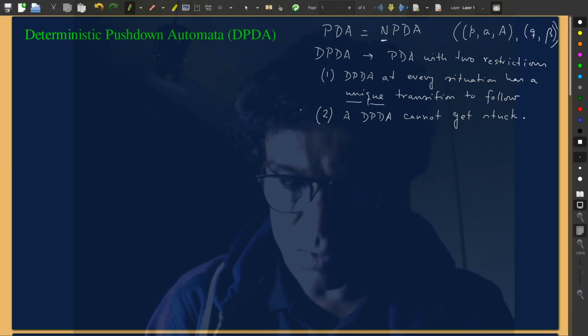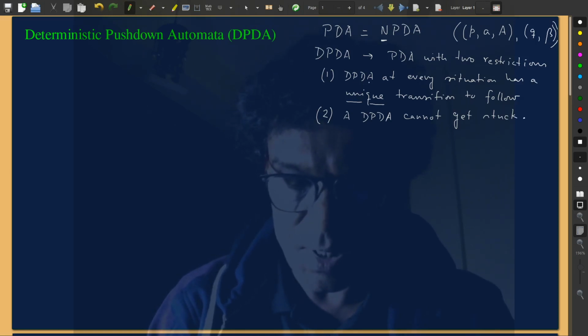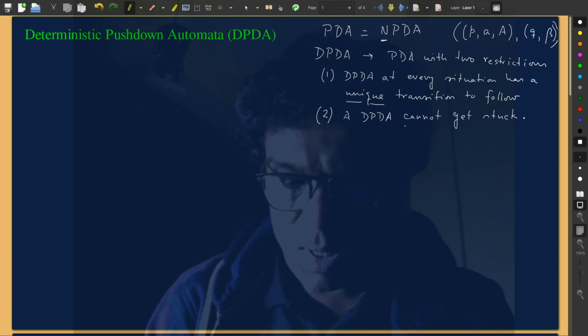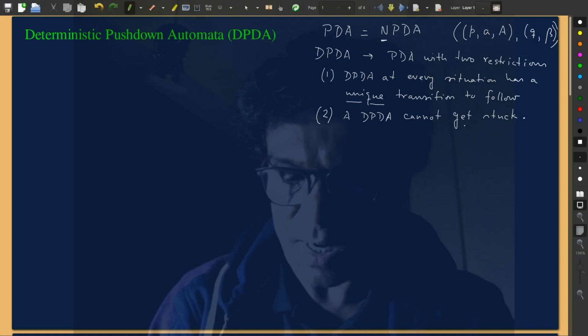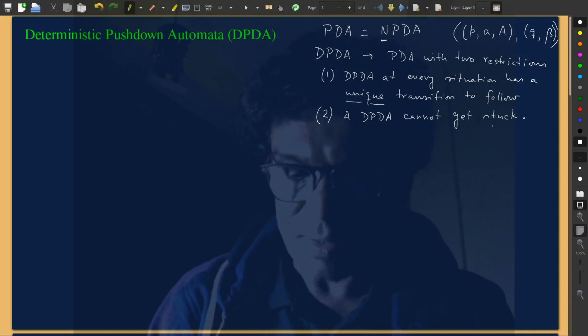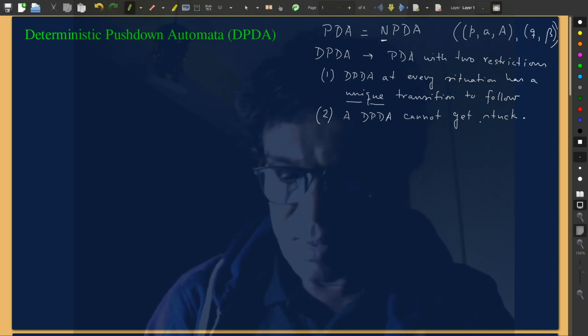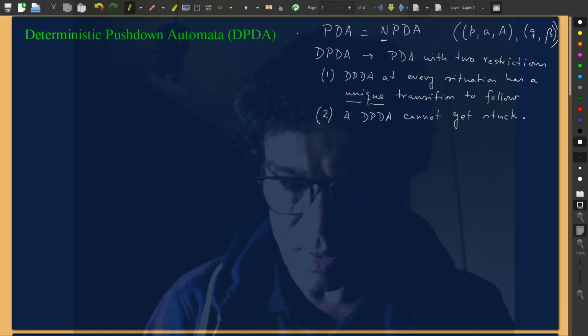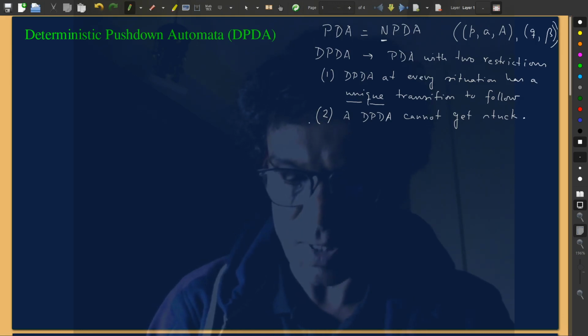At every situation, there is something that the DPDA can do, and that something is unique, and it can never get stuck. This essentially is the nature of determinism in the context of pushdown automata.